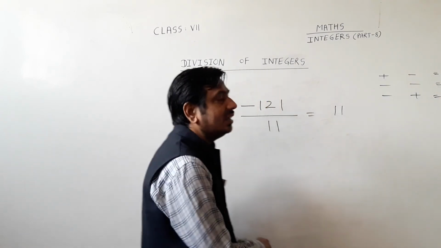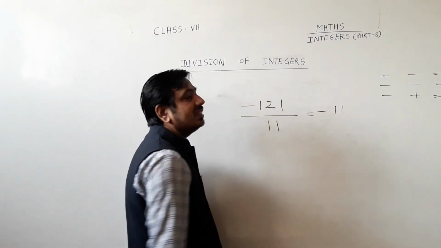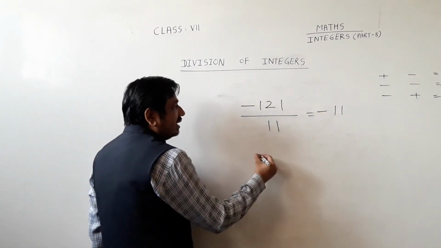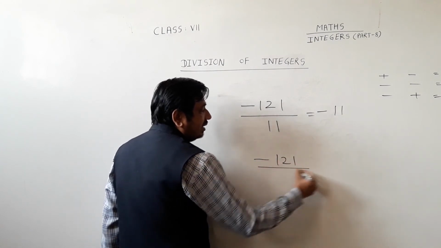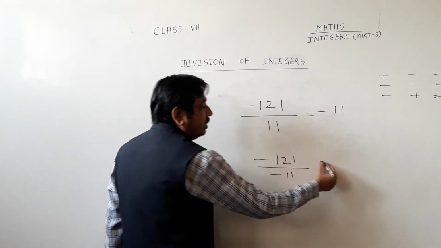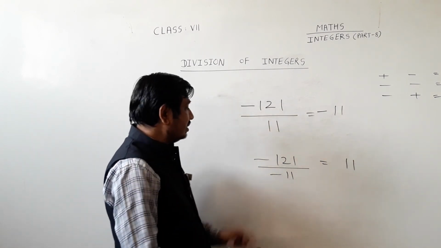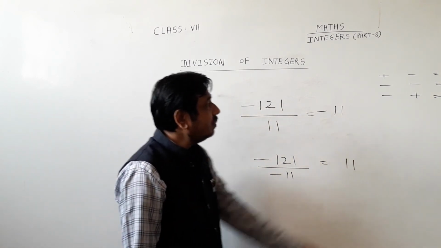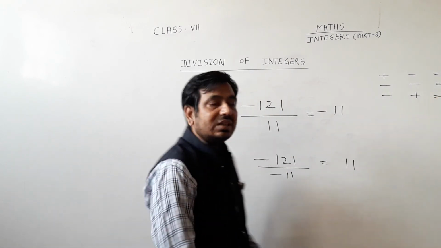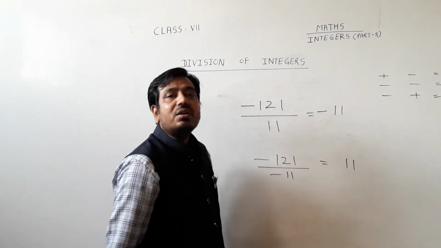Your answer is in the form of negative. It is minus 11. Whereas if both numbers are negative, then what is the answer? You just divide, you get 11. Now what is the sign? Since both integers are negative, the resultant sign is positive. It means your answer is positive.